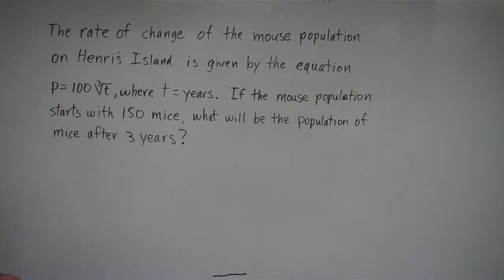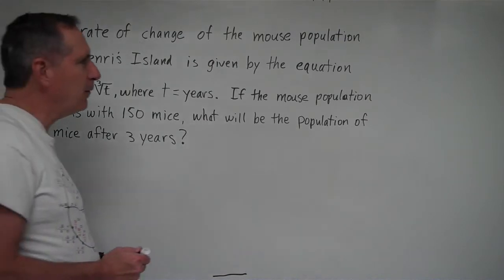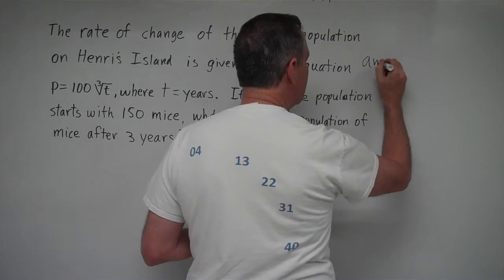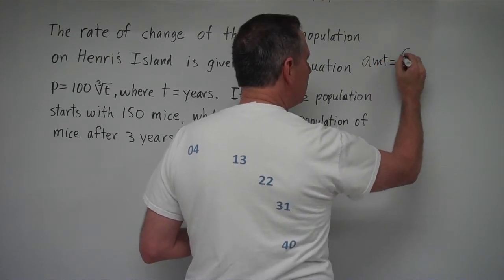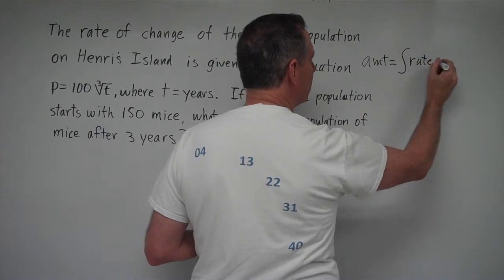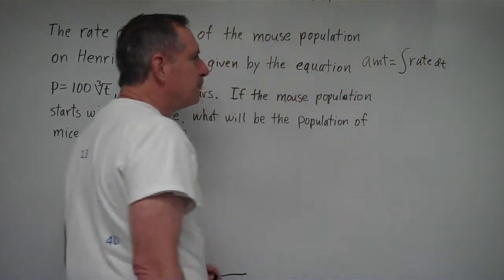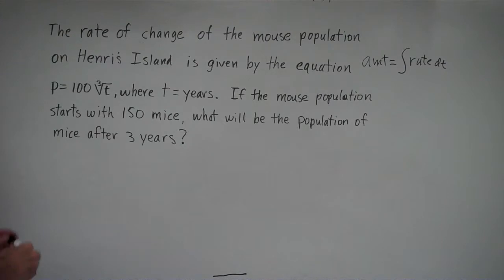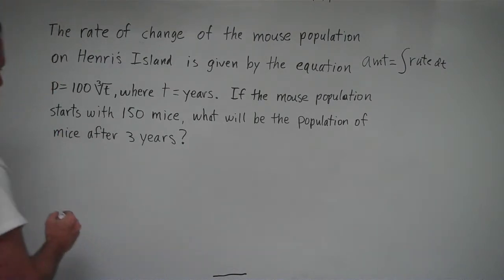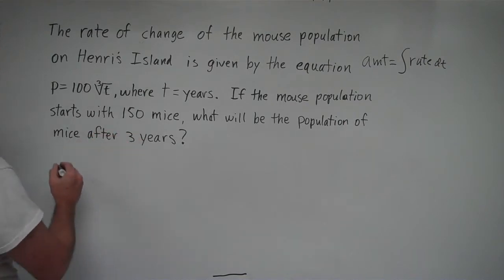Well, what we have to understand is that the population, or the amount, I'll say AMT, is equal to the integral of the rate times dt. So, taking this into account, our amount after 3 years, we're going to start out with 150 mice.